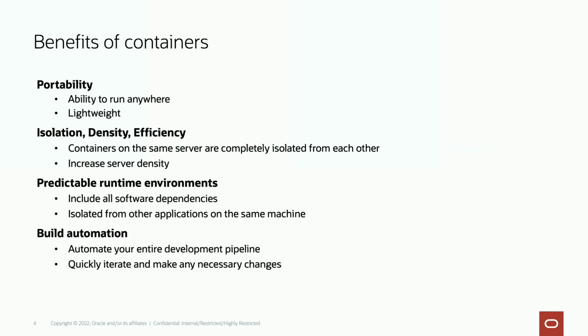So when I run my container image, I know that it's always going to be executed exactly the same way wherever I am, in Azure, in AWS, or on-prem. All I need is a server with an operating system and the container runtime, and my containers are going to run exactly the same way.